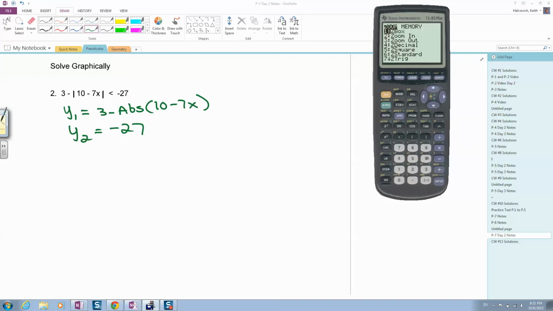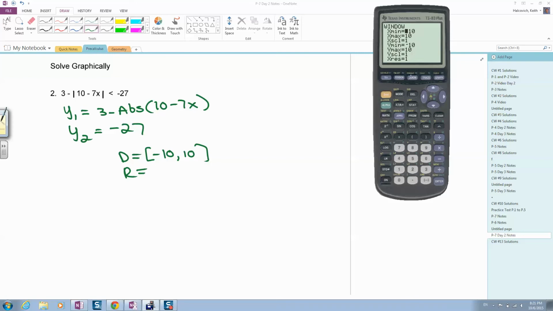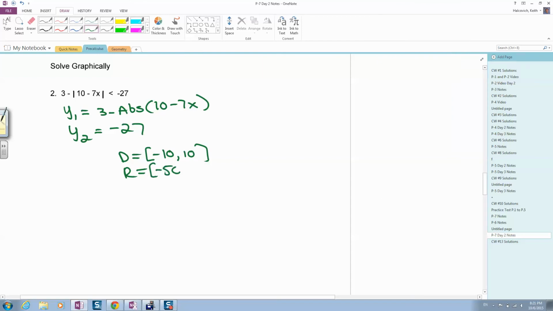Go zoom 6. But notice you can't see the negative 27. So that means we have to change our range. Our domain is fine, but we need to change our range to make it negative 50. So it goes from negative 50 to positive 10.